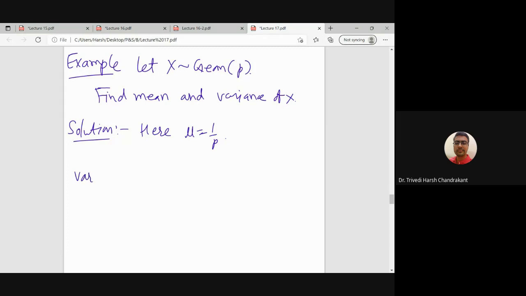So variance of X is, by definition, a summation. This is a countable discrete random variable with countably many points in the range. All the natural numbers are in the range. So we have the summation over x in the range of (x minus mu) square times probability of X equals x.